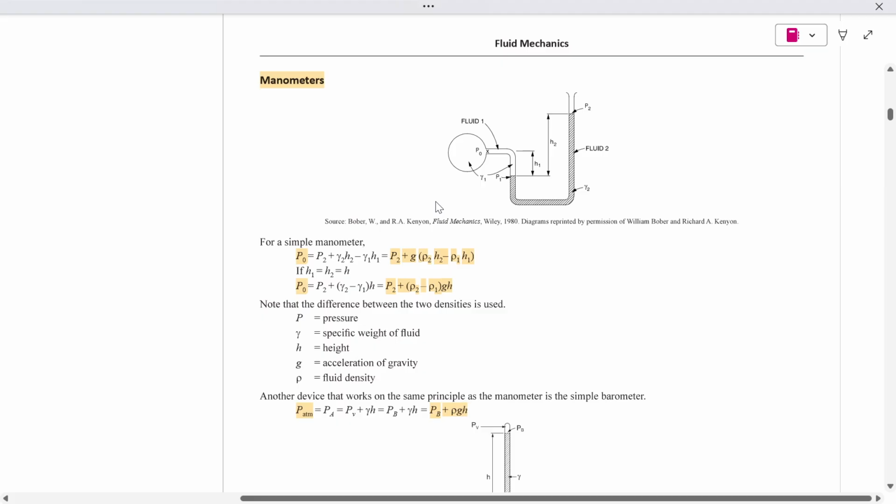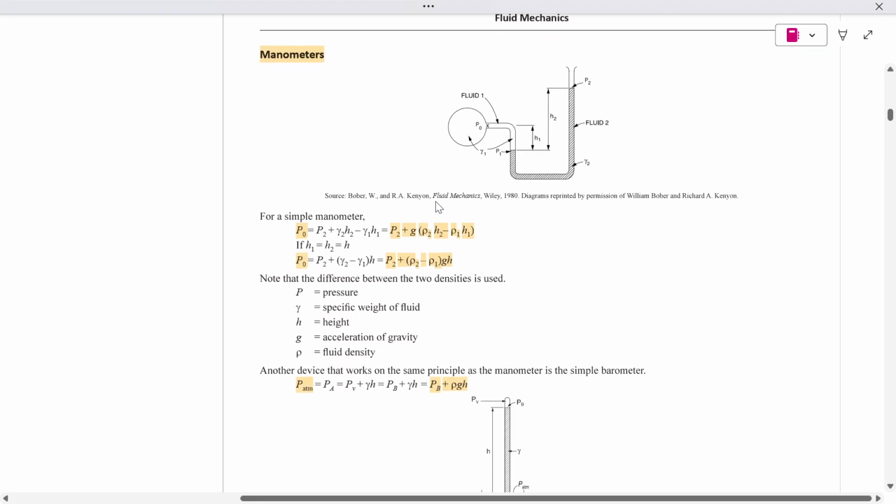Then there is manometers. Okay, usually it goes like this.